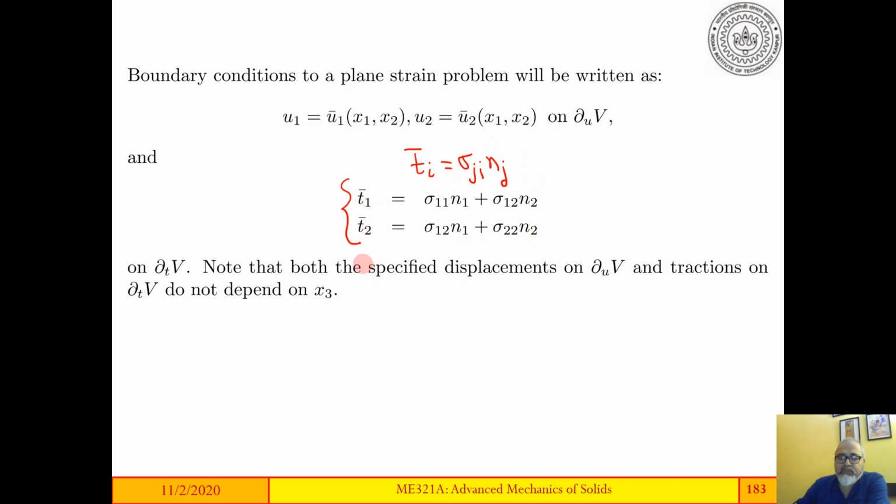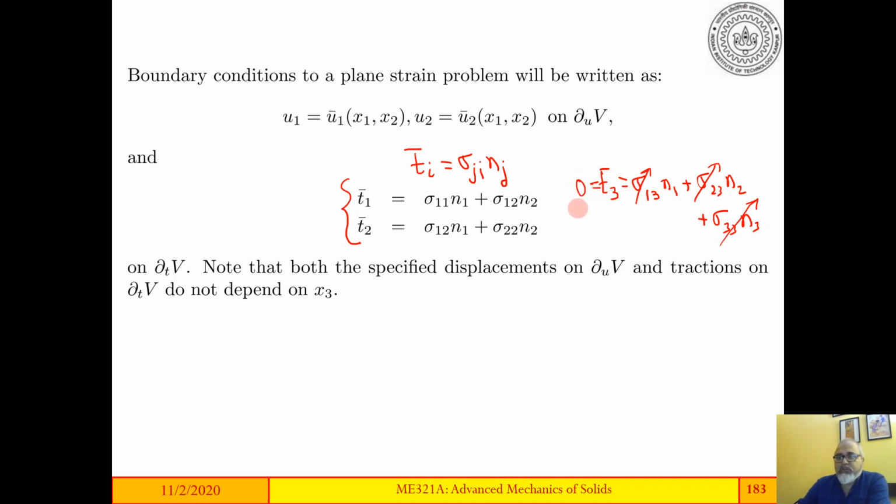There would be no equation for T3, because T3 bar is sigma 1 3 n1 plus sigma 2 3 n2 plus sigma 3 3 n3, and n3 is equal to 0, sigma 2 3 and sigma 1 3 are 0, so T3 is equal to 0 also.